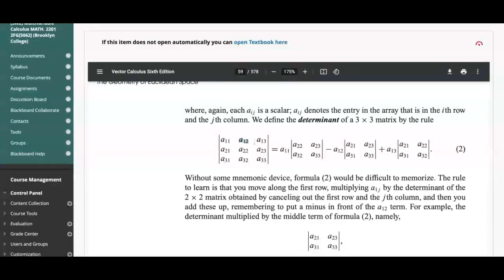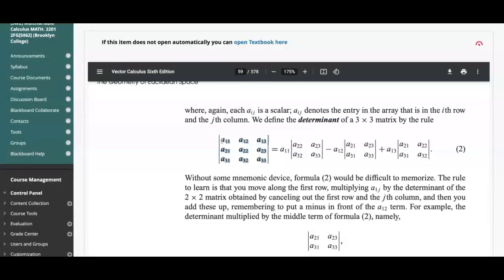So A11, A12, A13 will be I, J, K. Then the calculation of a 3 by 3 determinant is exactly the same as a cross product. But with the cross product, we use commas to separate each component because the cross product is still a vector. But the determinant of a 3 by 3 matrix is a number. So what do?